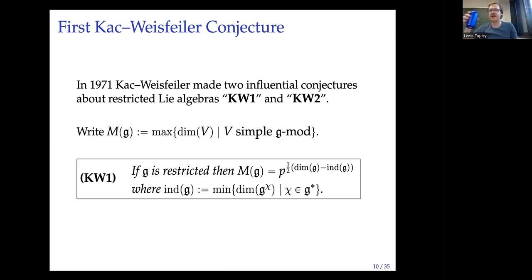Okay, so this is quite striking. First of all, it's a very simple formula to write down, and it's incredibly general, but it's also very reminiscent of the work of Kirillov and Kostant on the orbit method. Kirillov showed that representations of nilpotent Lie groups are really controlled by the dual space of the Lie algebra in a very precise way.